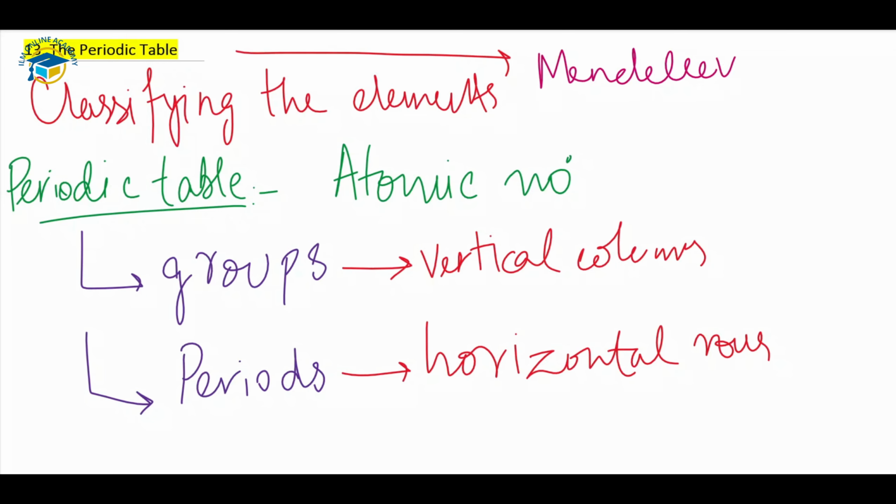Mendeleev arranged the elements in order of increasing atomic number. Second, vertical columns of the elements with similar chemical properties are the groups, and horizontal rows are known as the periods. So now I will share with you the periodic table.